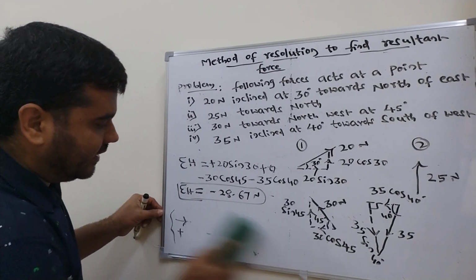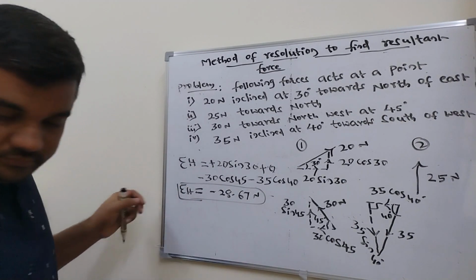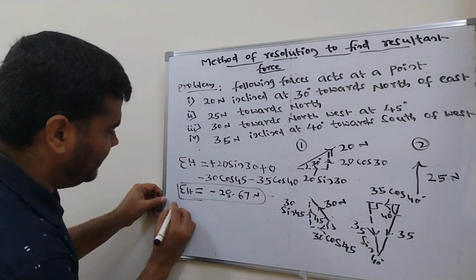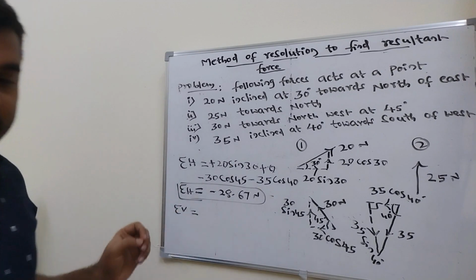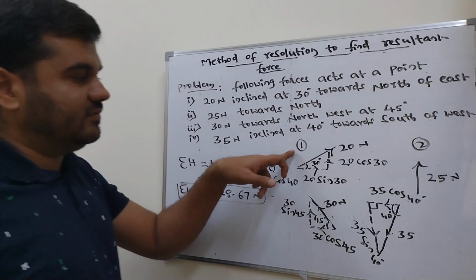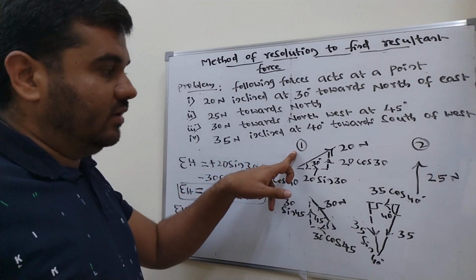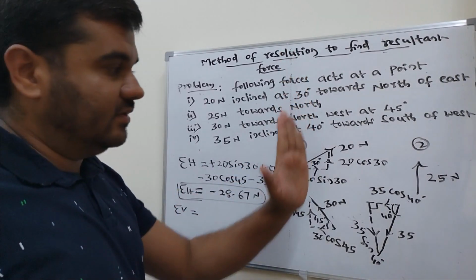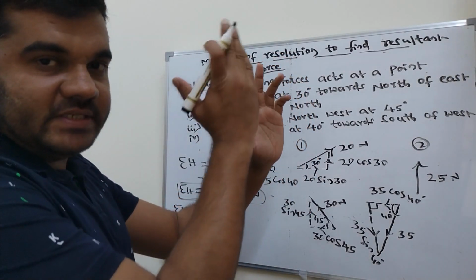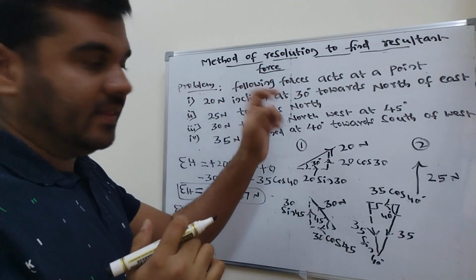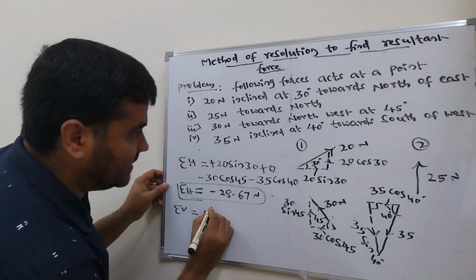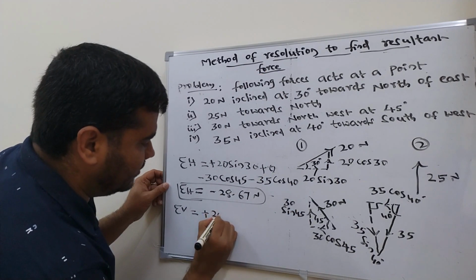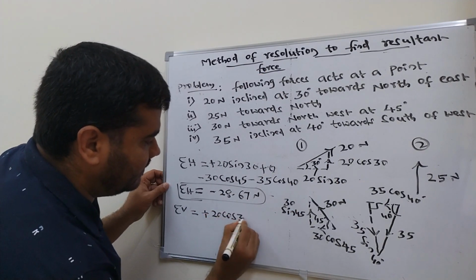Now if I go to the vertical component, summation of V, vertical component equal to, go one by one. First component is this one. Where is the vertical force? This one. Upside is plus, downside is negative. So this is up, that is plus 20 cos 30.